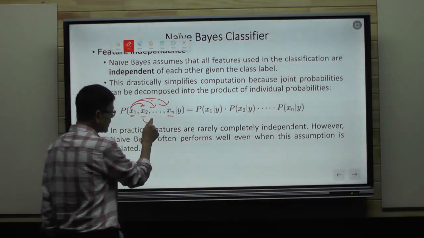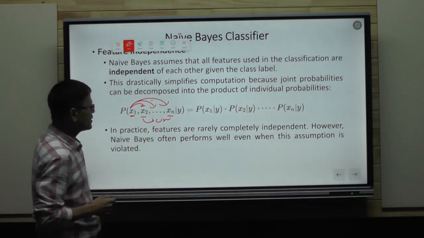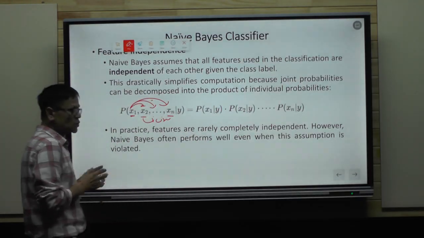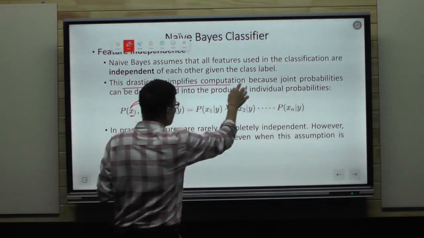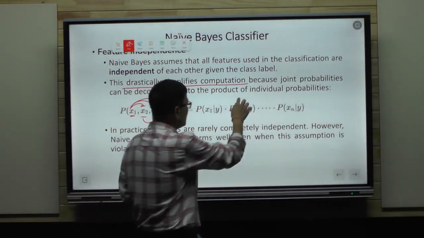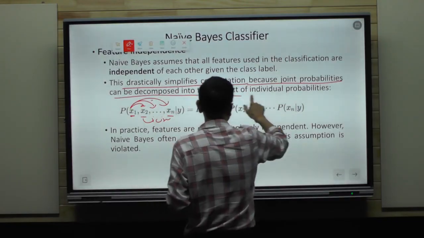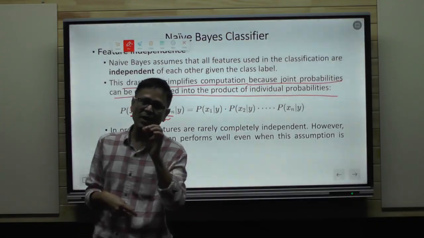Similarly, it applies for x2 and all the features in the data set, that all the features are actually individual. So what does this imply? This drastically simplifies the computations because the joint probabilities can be decomposed into the product of individual probabilities, by this simple assumption.